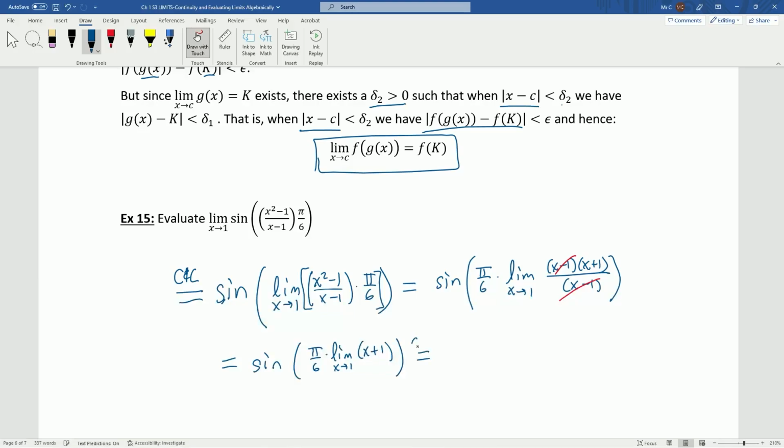Now, the definition of continuity tells me that I can just plug in 1 into this linear function, so I get 1 plus 1 is 2. So this is sine of pi over 3. And sine of pi over 3 is the square root of 3 over 2.